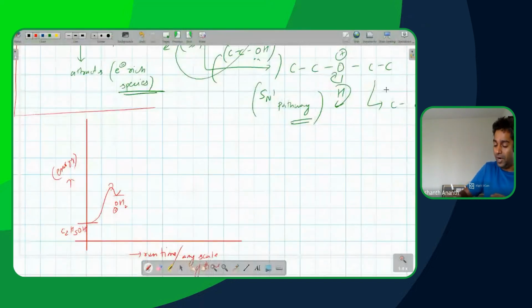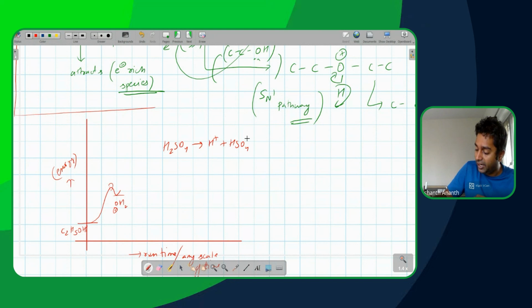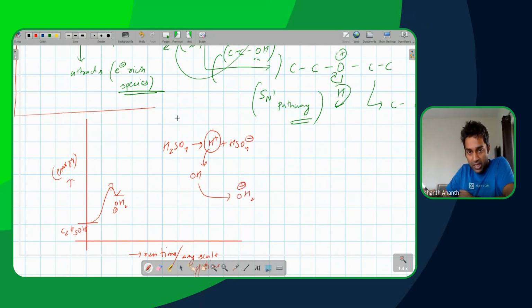Think what happens. I have H2SO4. This instant where this fellow is supposed to combine with my OH, it's supposed to happen in instantaneous fashion. But nothing is instantaneous really in life, right?